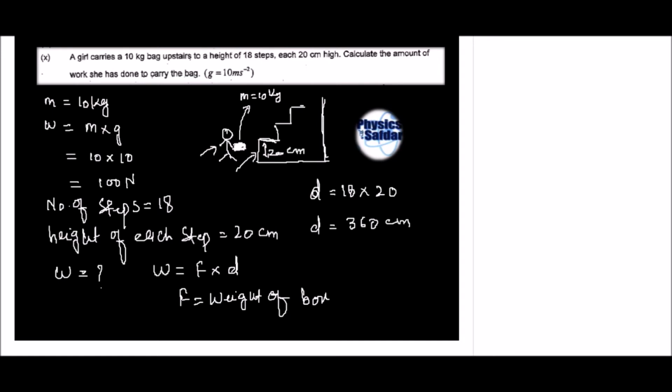Now convert centimeter into meter. 360 divided by 100, then we get 3.6. Now you can calculate the work done easily.